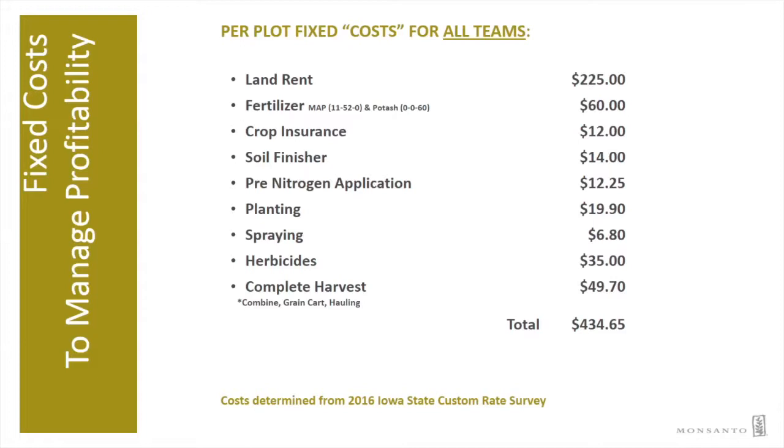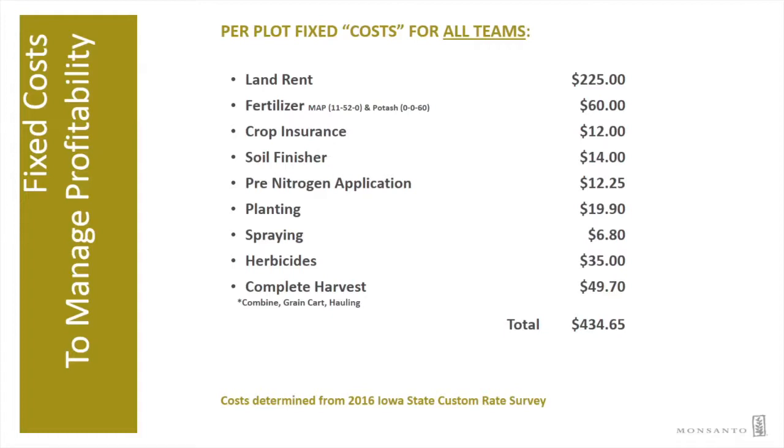A lot of those equipment costs and application costs here are taken right off of our 2016 Iowa State custom rate survey. So Iowa State always goes out and surveys a number of different growers throughout each season and takes an average of what those guys are charging for custom rates to do these services on the farm.